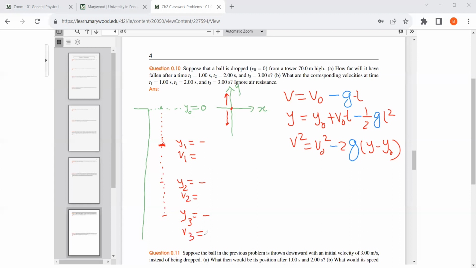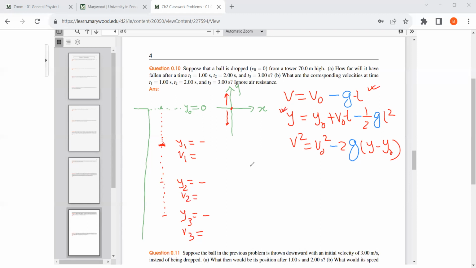Now you see that if I want to calculate y1, y2, or y3, for all these we need this equation. And for v1, we probably need this one, the first equation. So let me use another color so that we don't mix up.